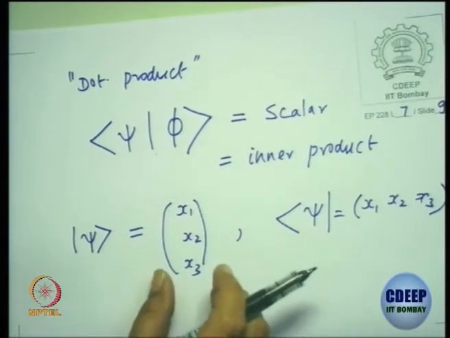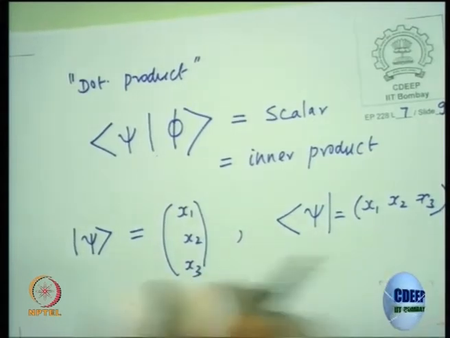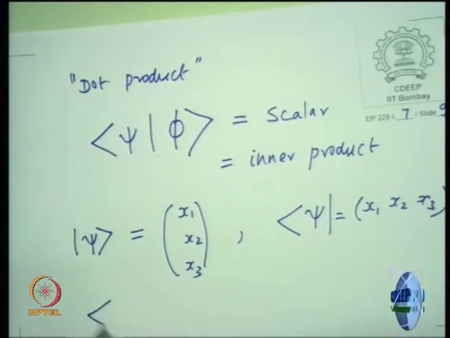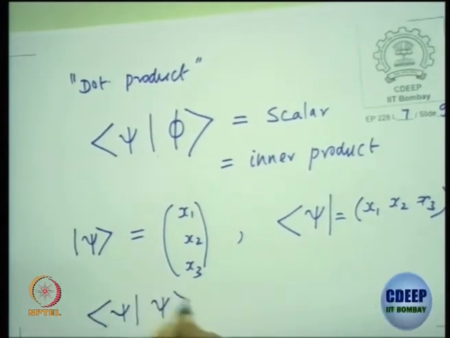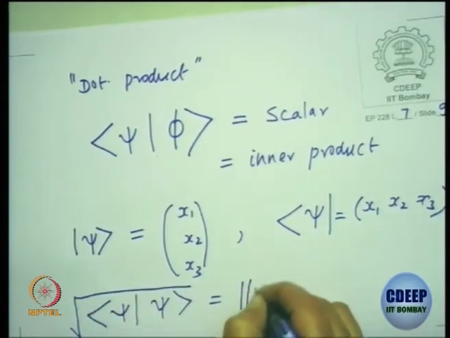R3 is a real vector space because the entries are all real, and you know the length of the vector, which we denote by norm of psi, is the square root of this.